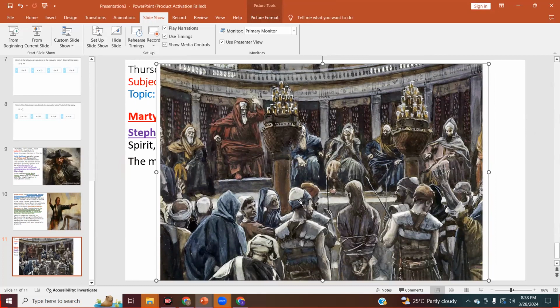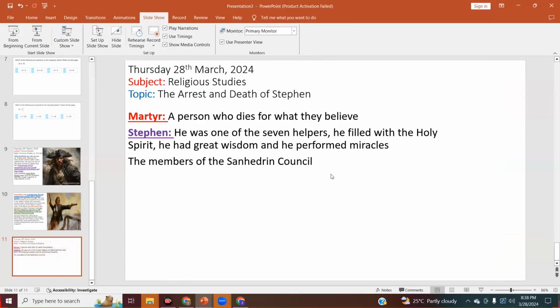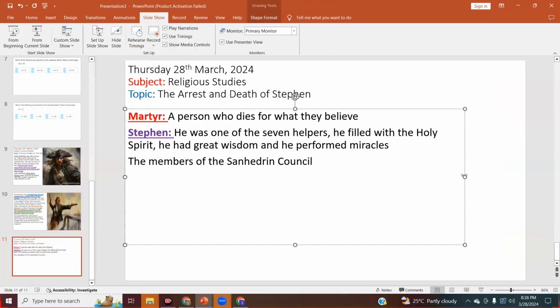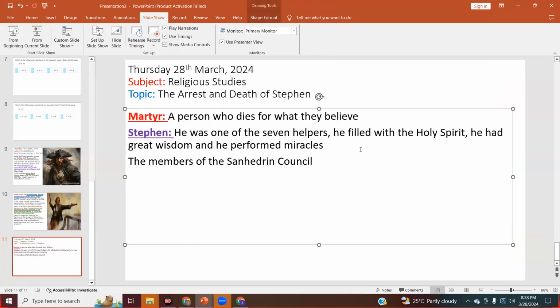This is the imagery showing you who the members of the Sanhedrin Council were: persons higher in rank in society, priests, rabbis, persons of great influence and intellect. They were responsible for the death of Jesus, and they were also the ones persecuting Stephen.